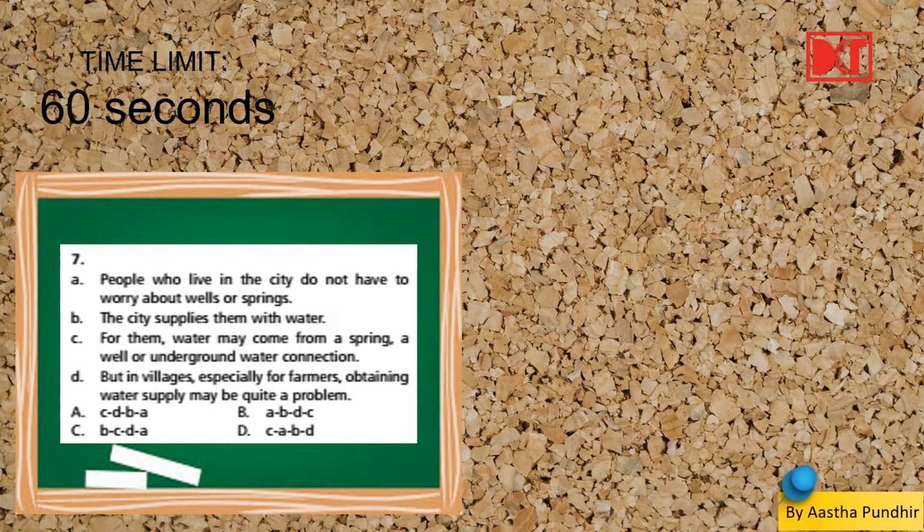Okay, so here we begin with people who live in the cities do not have to worry about wells or springs. The city supplies them with water, but in villages, especially for farmers, obtaining water supply may be quite a problem. For them, the water may come from where? A spring, a well, or underground water connection. So the correct order is A, B, D, C. Here, B.